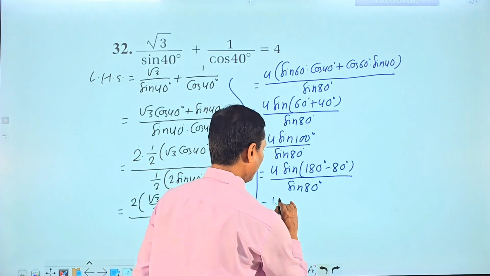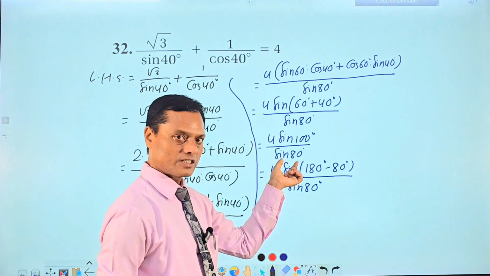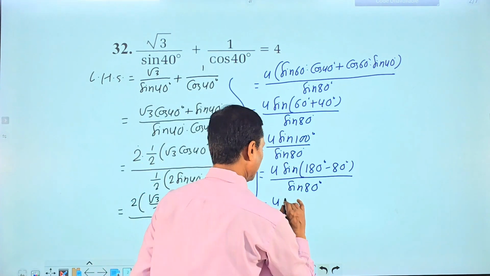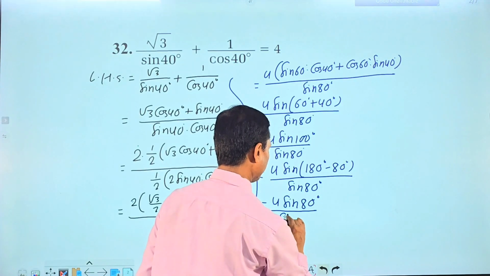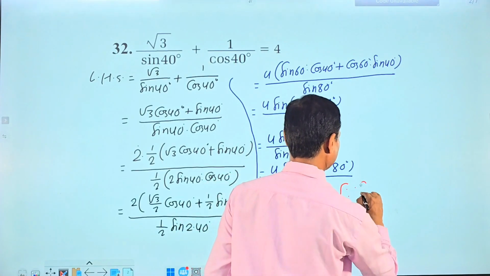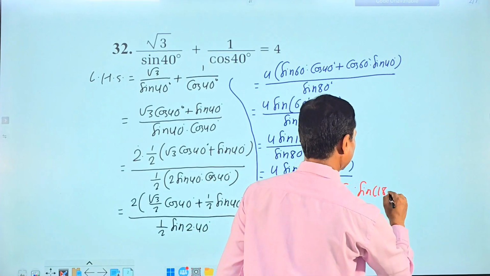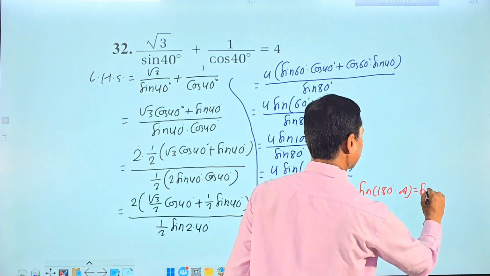So we can write 4 sine 180 degree minus a means sine a, because it goes in the second quadrant. So we write here sine 80 degree over sine 80 degree. Just remember, sine 180 degree minus a equals sine a.